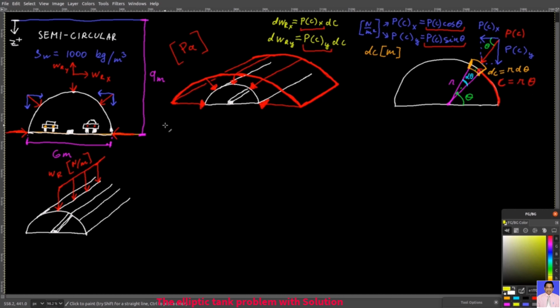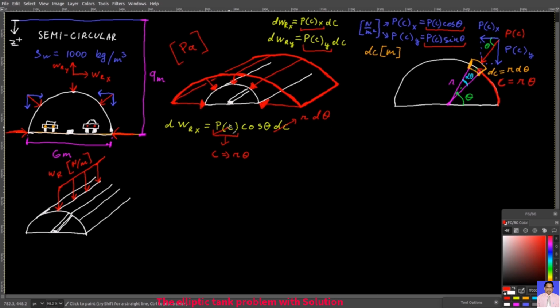And so if before my dWRX was this expression, in other words, the pressure as a function of the arc length times cosine theta times dC, then now, since I know that my C equals r times theta and dC equals r times d theta, in this function, whenever I have a variable C, I can replace it with r times theta, and then dC will be r times d theta.